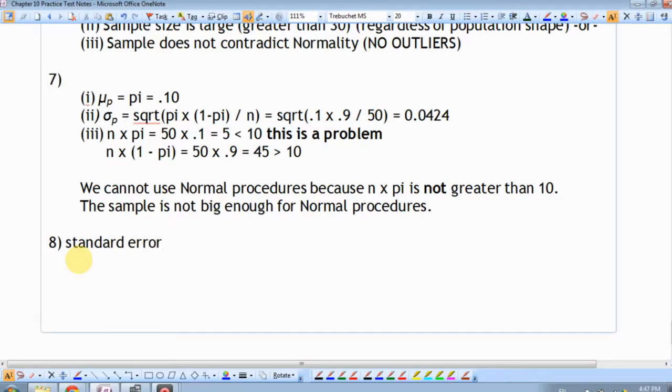The standard error is the standard deviation of the sampling distribution.